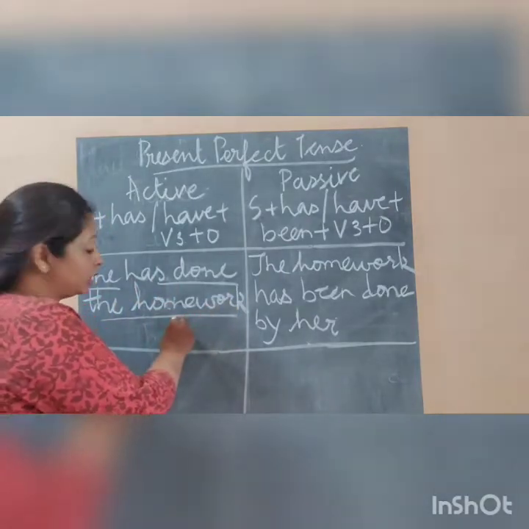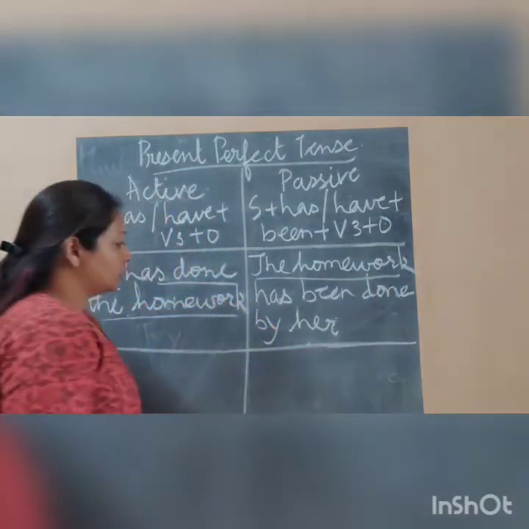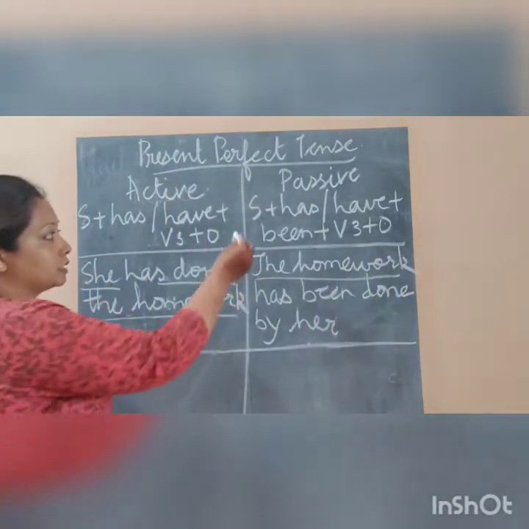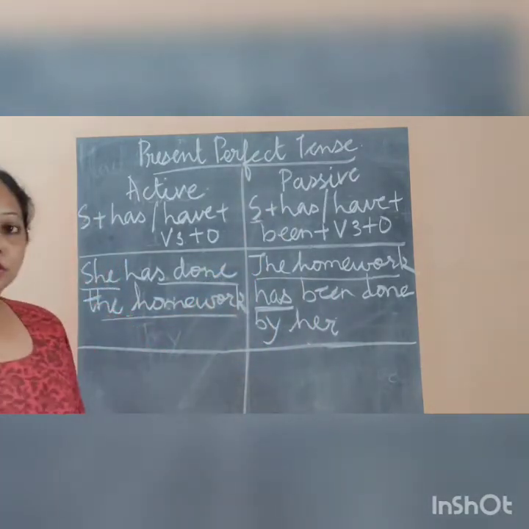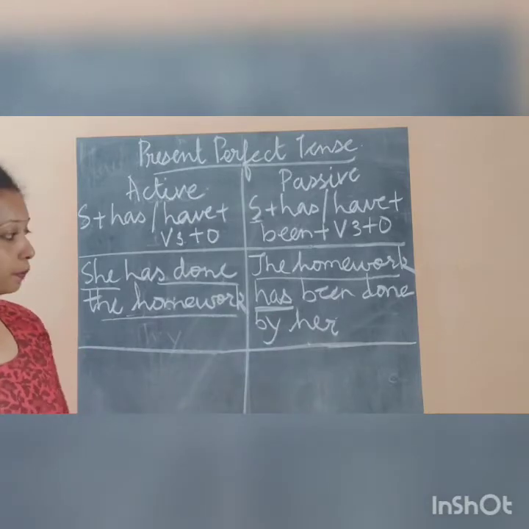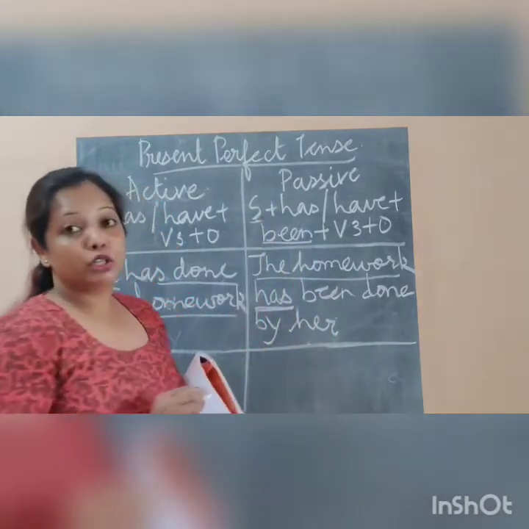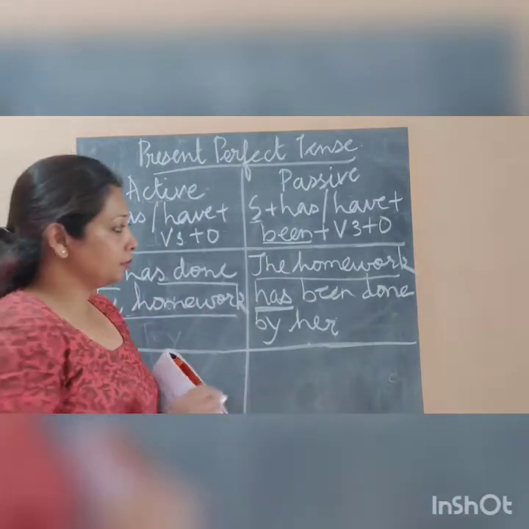As you know, the object will become the subject. "The homework" becomes the subject. Has, have, singular or plural, we have "has" here. Then we have "been", which is there in the passive voice when changing simple present perfect tense.